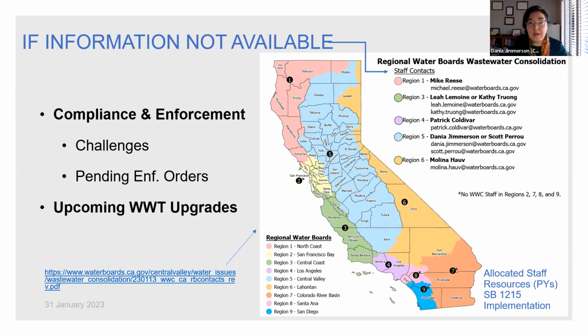So a lot of the information is not uploaded into CIWQS in a timely manner. That's why, once again, it's very important for you to contact regional board staff. That's the most efficient way to obtain the information pertinent to that particular project.